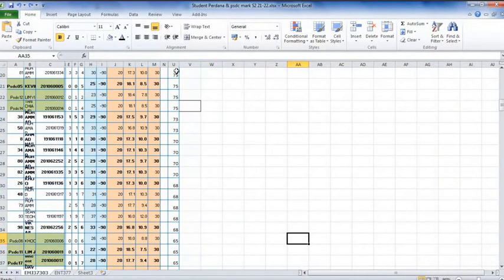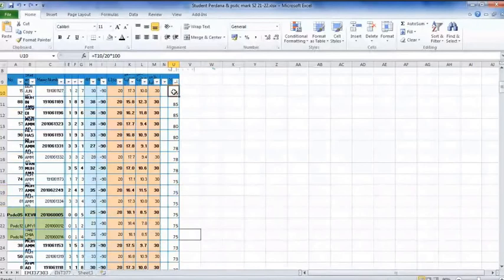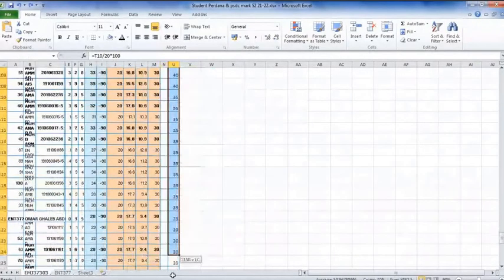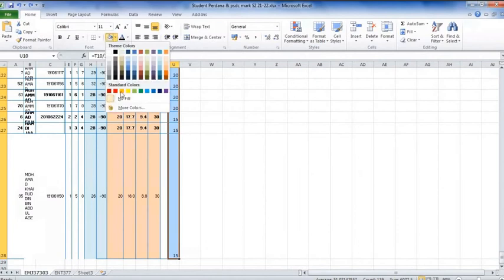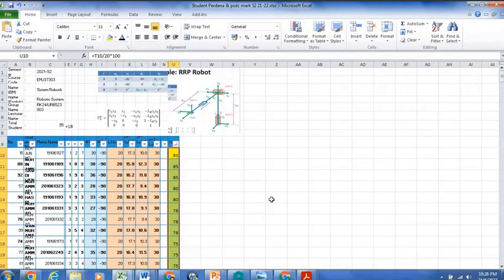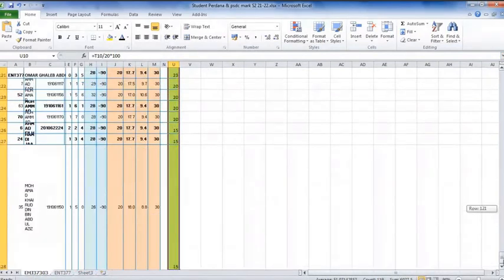Ni markah dia yang ni. Dia pun yang bawah tu nampak nama pula.